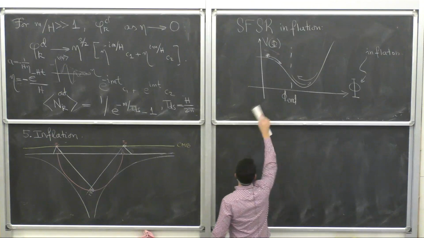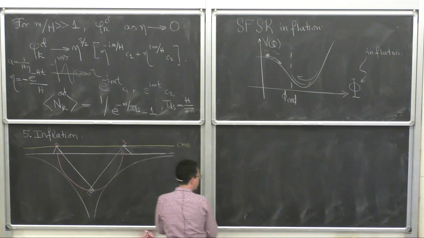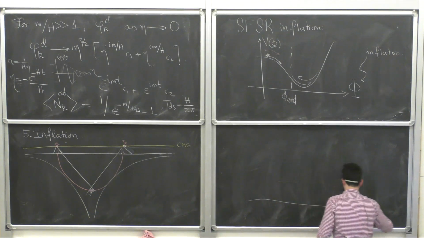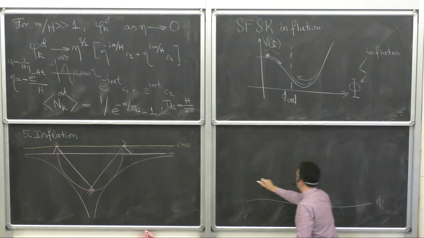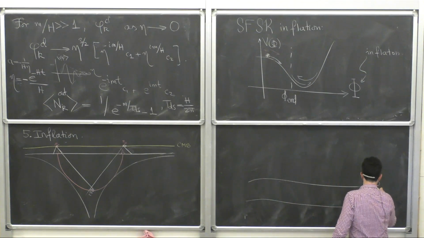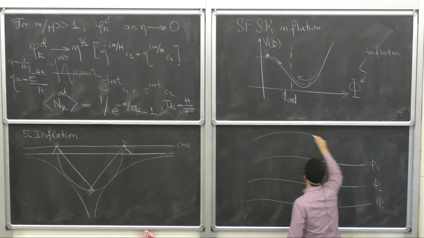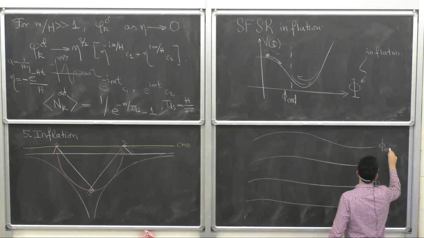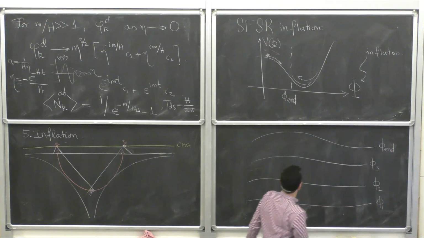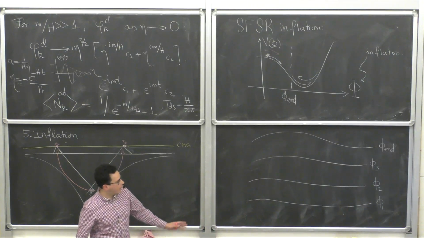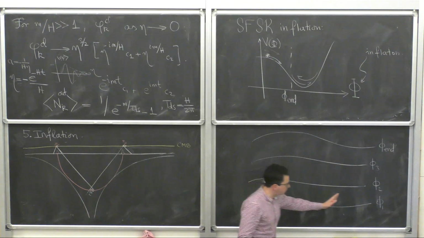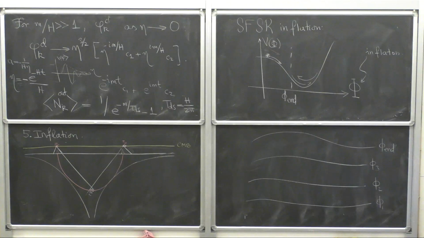So there is some classic history of the scalar field: phi 1, phi 2, phi 3. At some point, you reach phi end. And now, let's say that each point in space tracks the same history, classically.